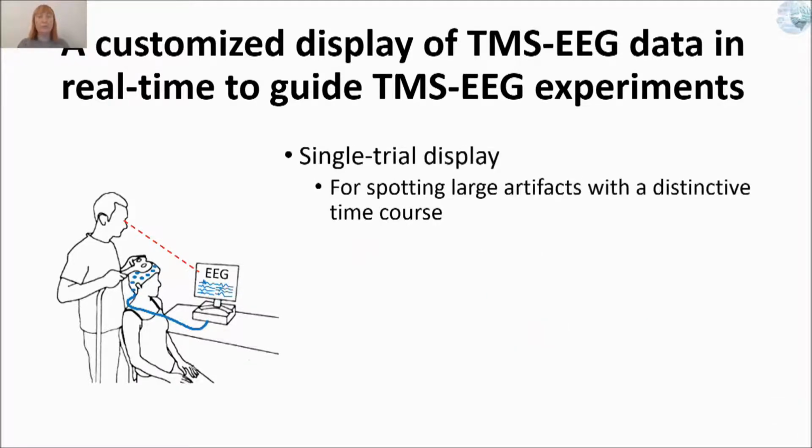First, the software tool allows to inspect single trial EEG responses to TMS. This is very important because large artifacts with a distinctive time course can be easily detected on single trial data. So the operator can early adjust TMS parameters to prevent their occurrence.